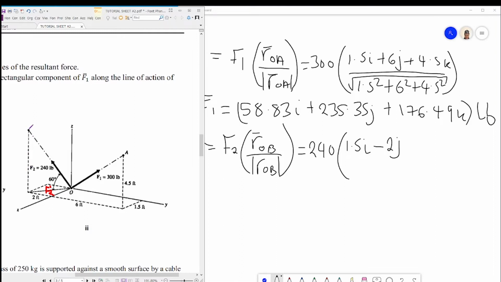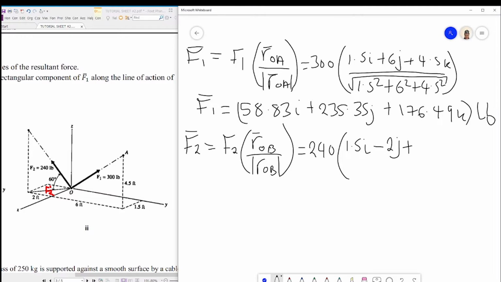So if I've done everything properly, this will be the square root of 2 squared plus 1.5 squared.